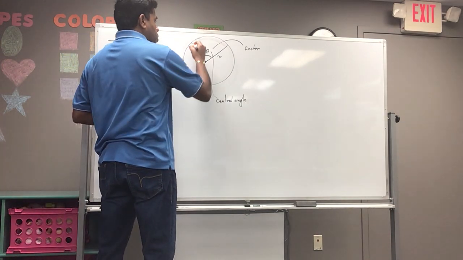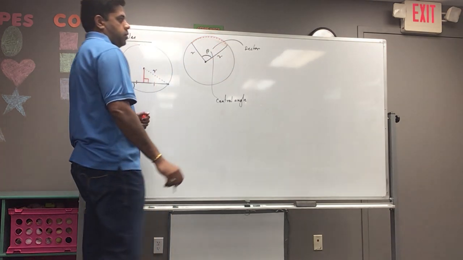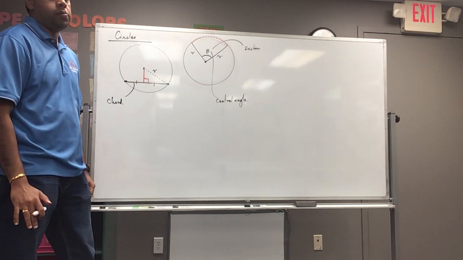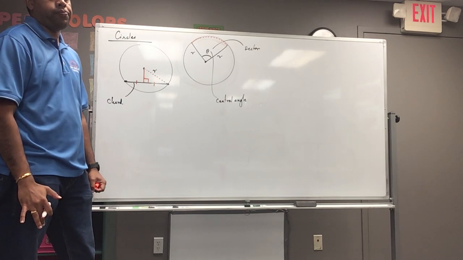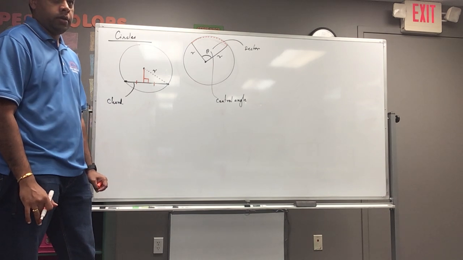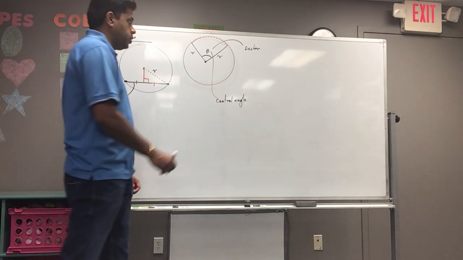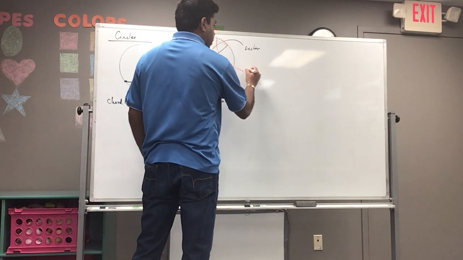Question, what is this line called? It's an arc. What type of an arc? There are two types of arcs. This is called a minor arc.